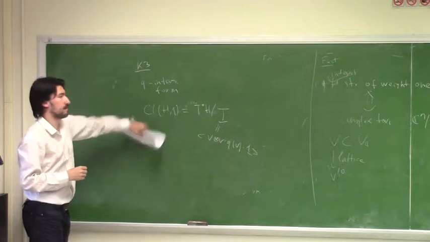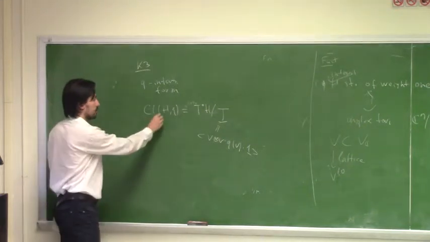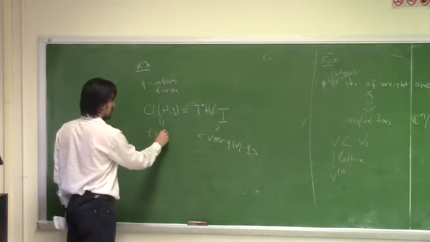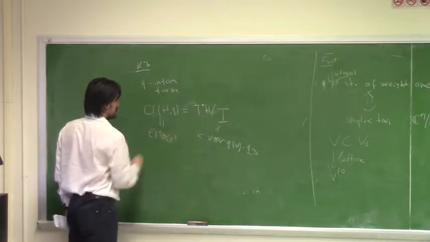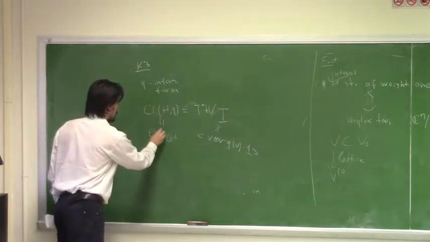For this Clifford algebra, we have a natural Z by 2Z grading, so we have an even part and an odd part.